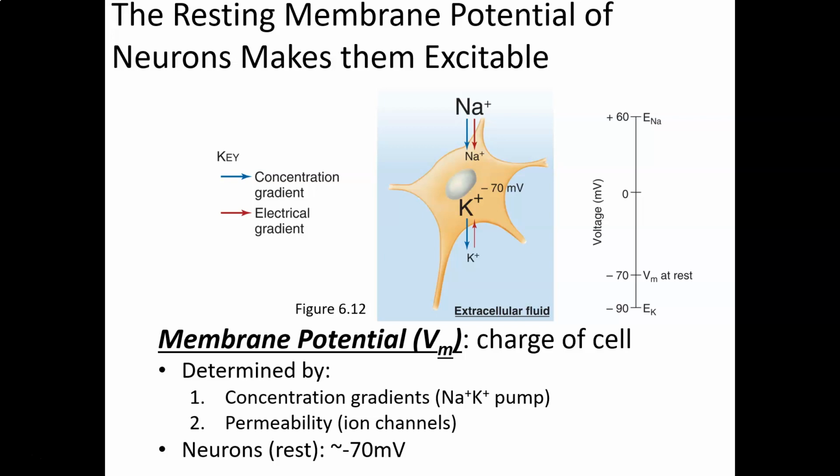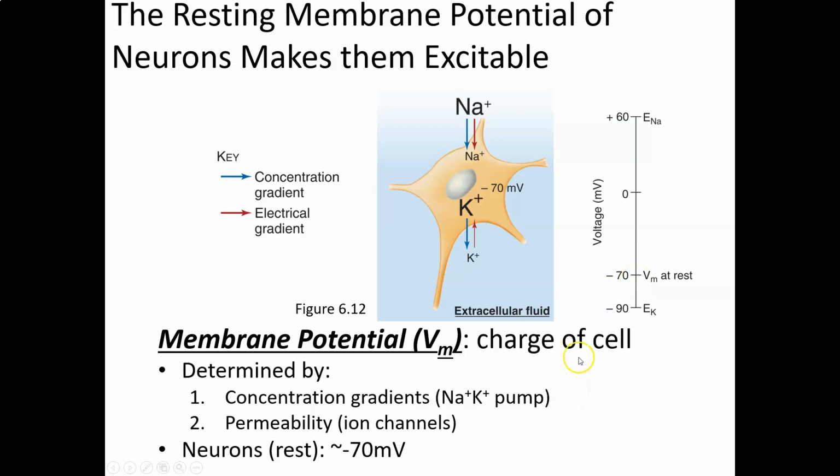And in fact, if 100% of the potassium channels were open, by definition, we'd be at minus 90. And if 100% of the sodium channels were open, with no potassium channels open, we'd be at its equilibrium potential, positive 60. So by looking at the relatively low membrane voltage at rest, it tells us we're mostly permeable to potassium and only slightly permeable to sodium at this point in time.